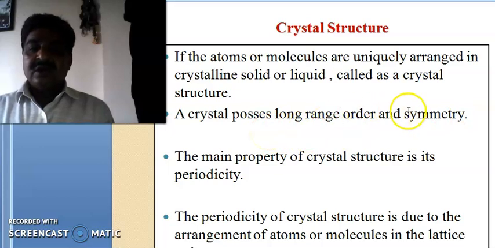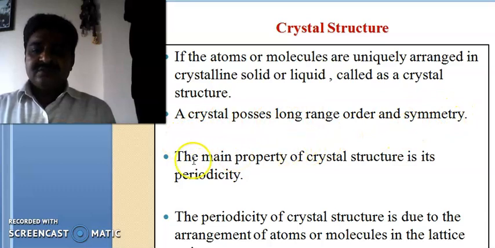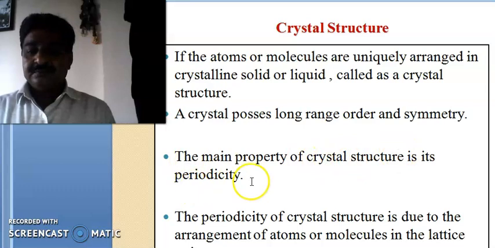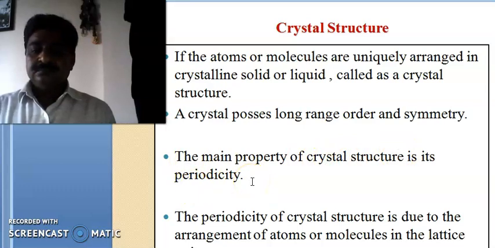And the main property of crystal structure is its periodicity. The periodicity of a crystal structure is due to the arrangement of atoms or molecules in the lattice points.